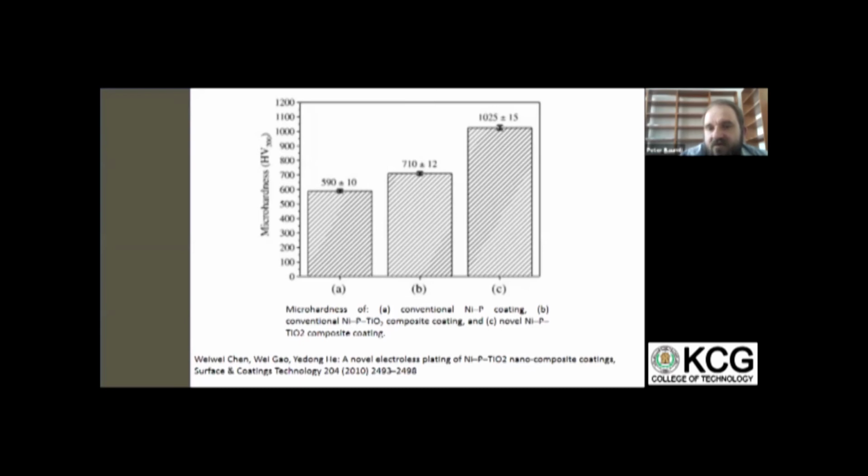If we use conventional titanium dioxide reinforced nickel phosphorus coating, the hardness will be increased, but a much higher hardness we can reach if we add titanium dioxide nanoparticles to this nickel phosphorus coating.